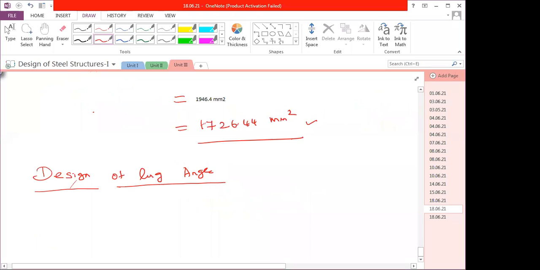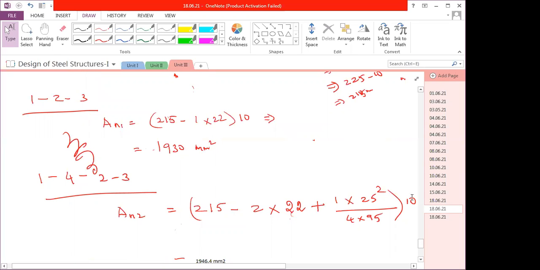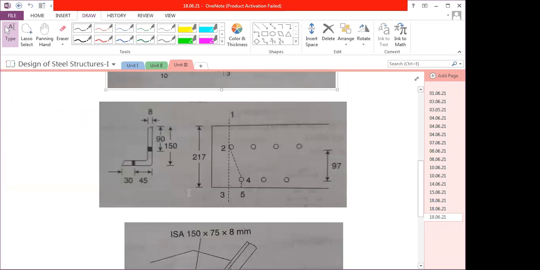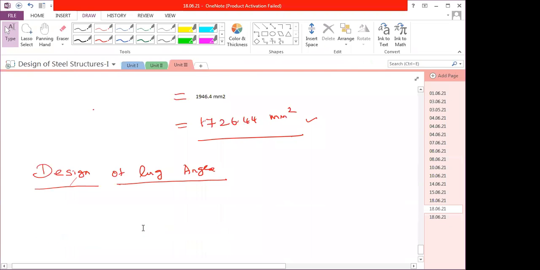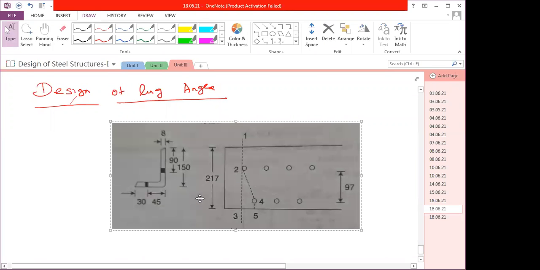Design of leg angle. Okay. How to design the leg angle?